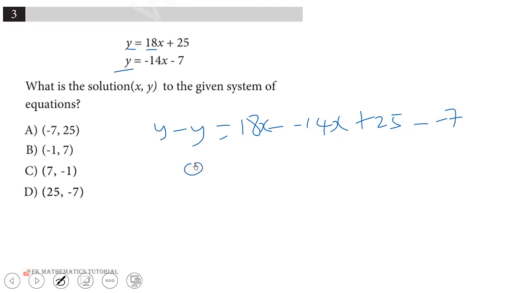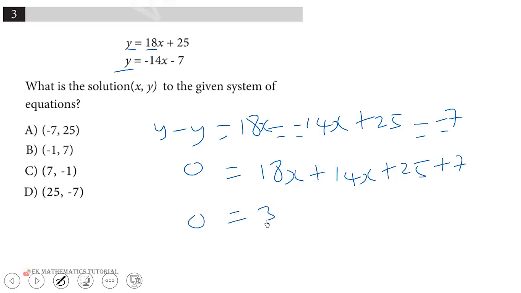So by doing so, we have 0 equal to 18x, negative becomes positive, 14x. Then we have plus 25, then negative becomes positive, so plus 7. So 18 plus 14 is 32.